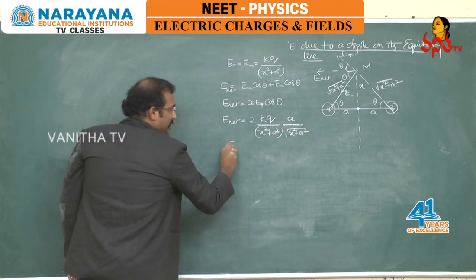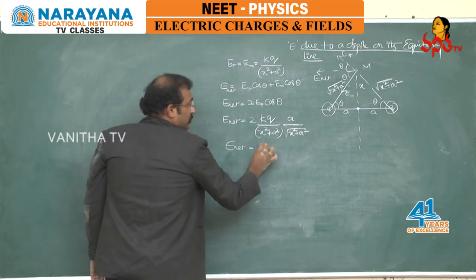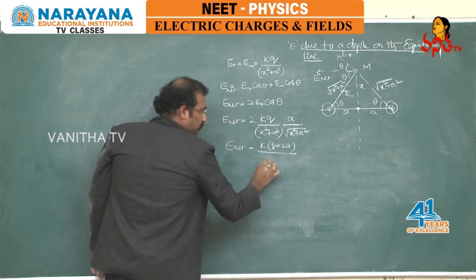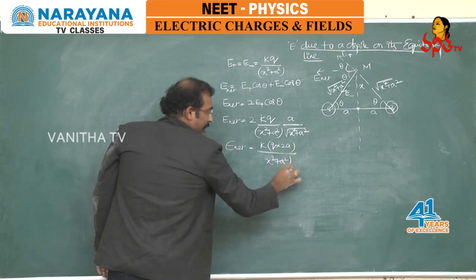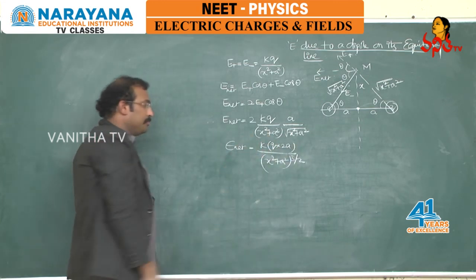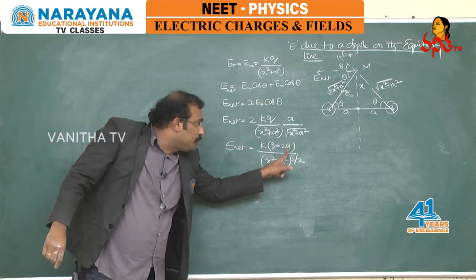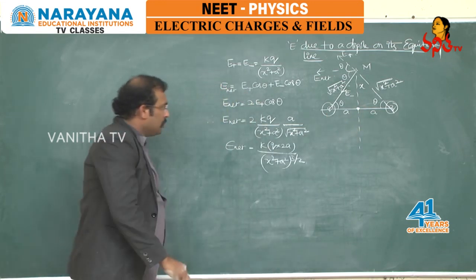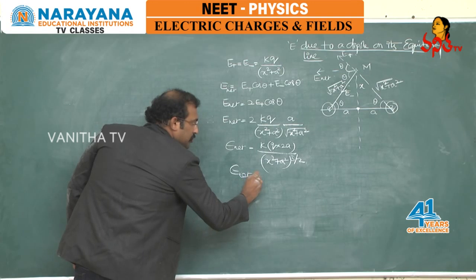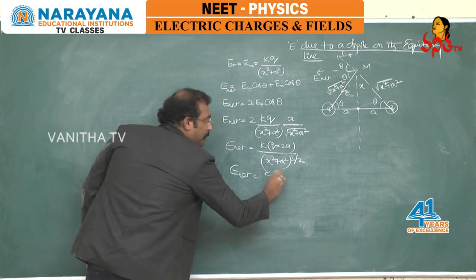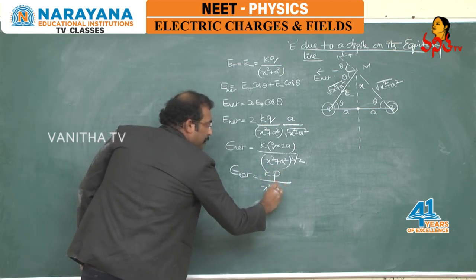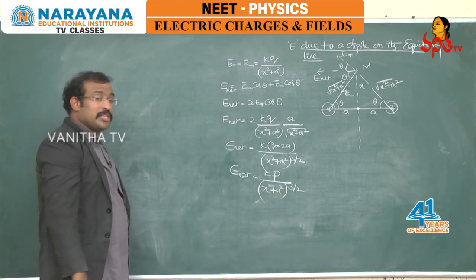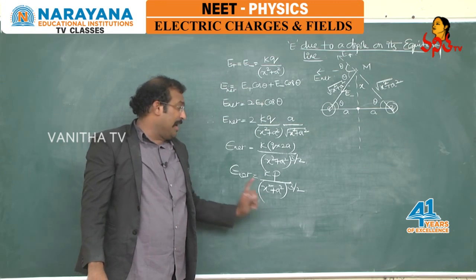Now the total net electric field can be written as kq into 2a by (x square plus a square) whole power 3 by 2. Now this q into 2a is called the dipole moment of this dipole. So E net is equal to kp by (x square plus a square) whole power 3 by 2.